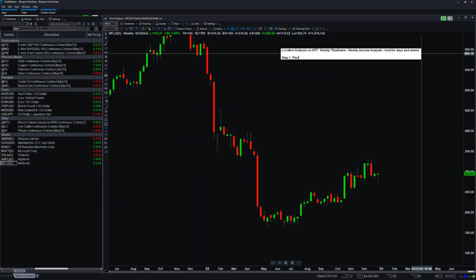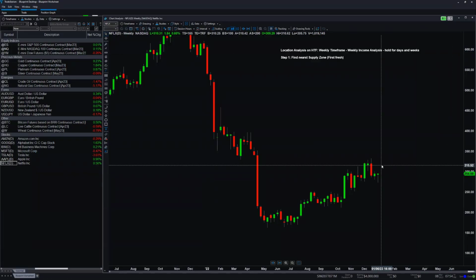Step 1, find nearest supply zone. First fresh, okay? Now, how do I do that? Start at current price, look above current price until I find a candle that is decisive, okay?